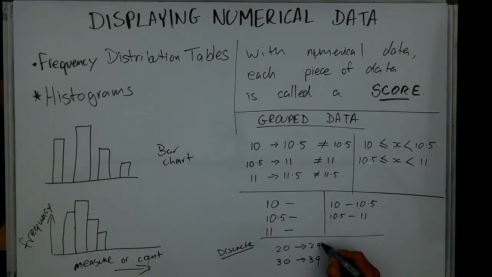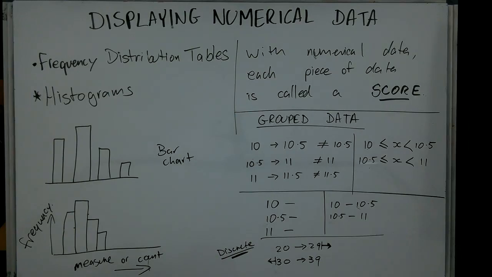There does seem to be a little gap between this 29 and 30, although because we're dealing with discrete values, we can't have 29.5. So when drawing a histogram, although there does seem to be this little imaginary gap in between 29 and 30, we still put the bars of the histogram together.